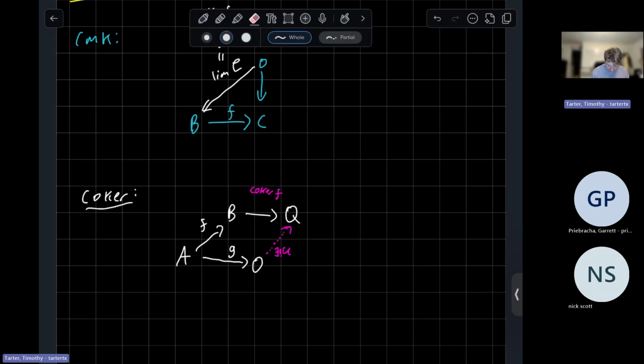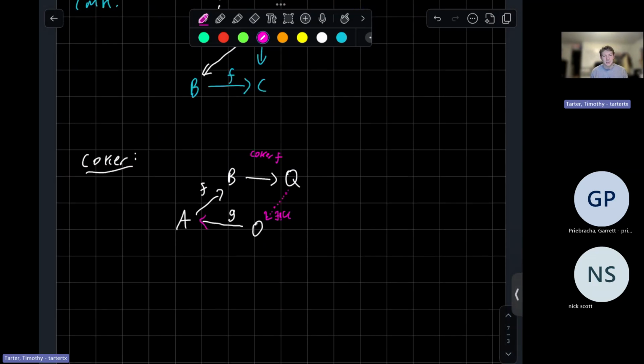It is, oh, yeah. So the co-kernel of F is this thing from B to Q that zeroes back to A when we reverse the arrows. I think my explanation earlier without the diagram might have been more intuitive. Does this make sense to you guys? Yes, it does.